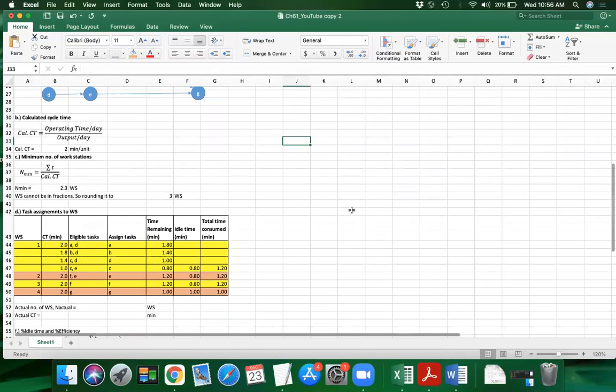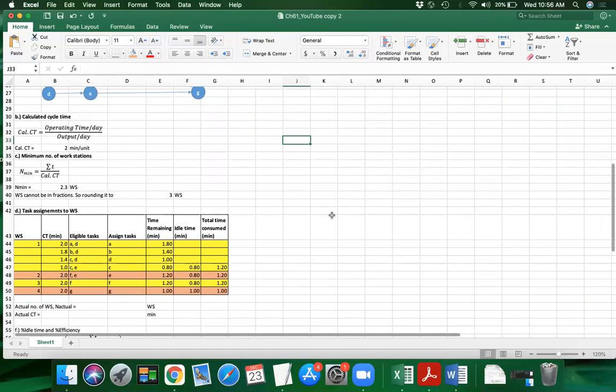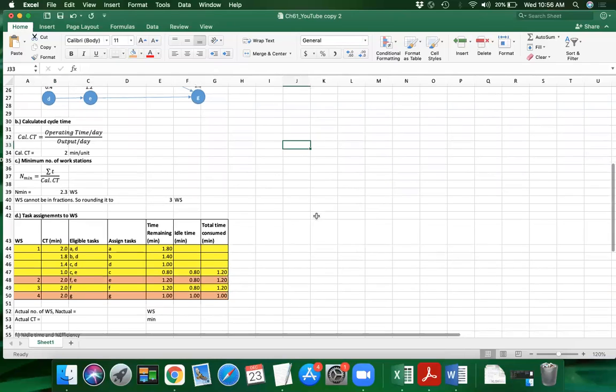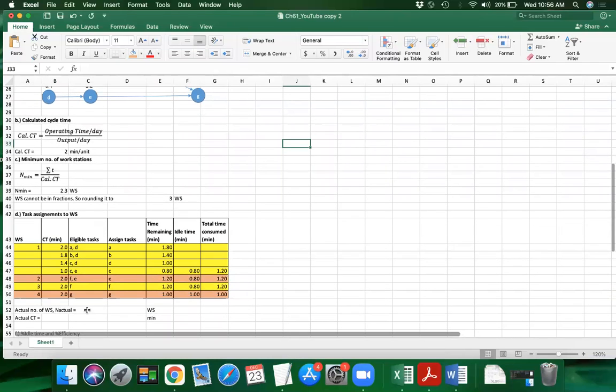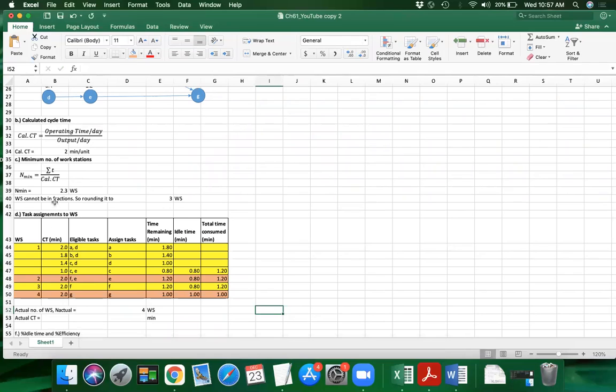So this makes identification of workstations easy. So the actual number of workstations, which is depicted by n actual, is 4. We see it up there, right? That's where we see 1, 2, 3, 4, and calculated workstations were 3. So we actually needed one more.